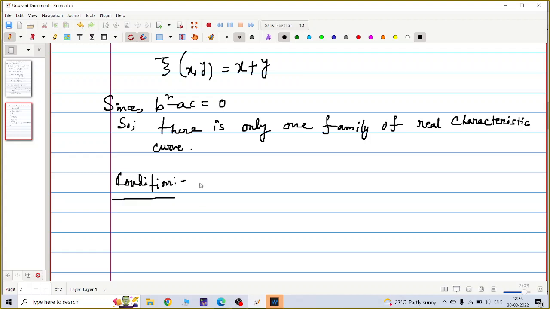So eta should be such that xi and eta are functionally independent.